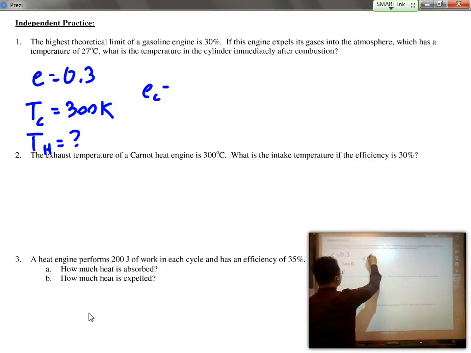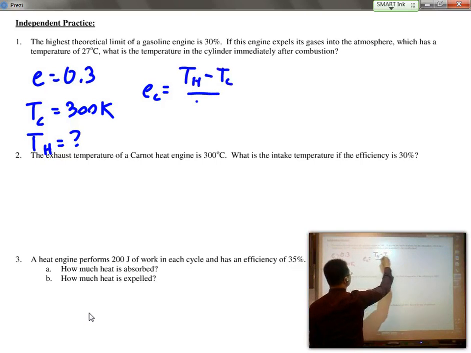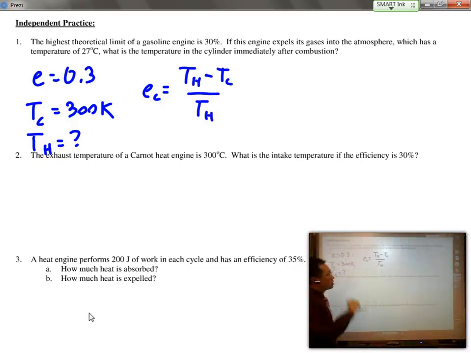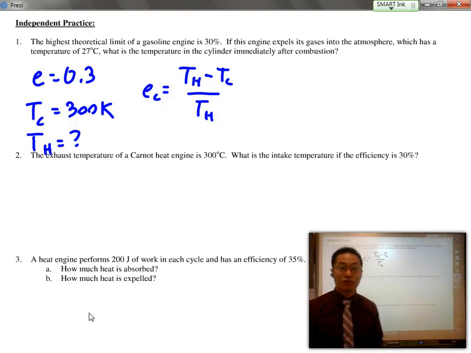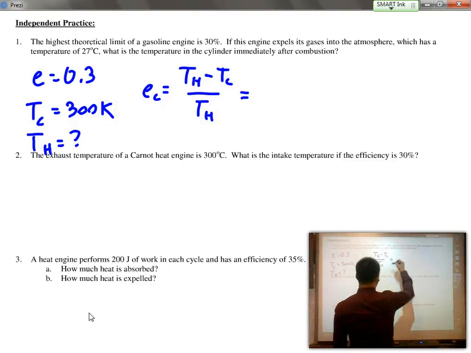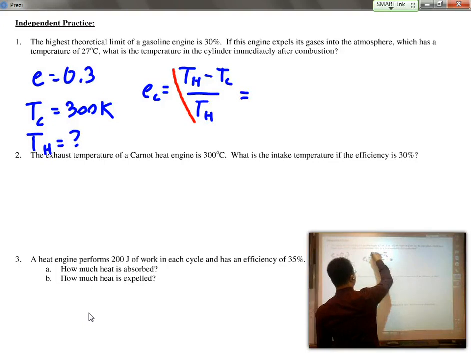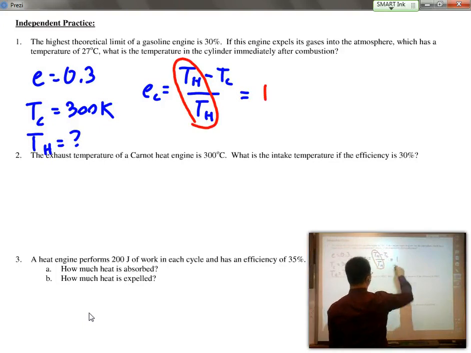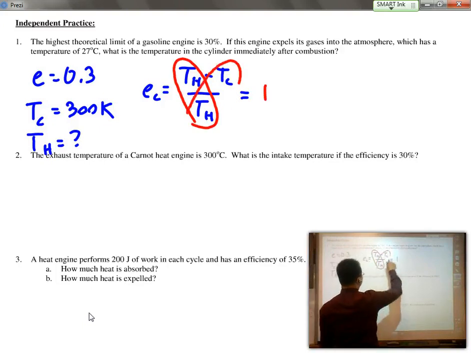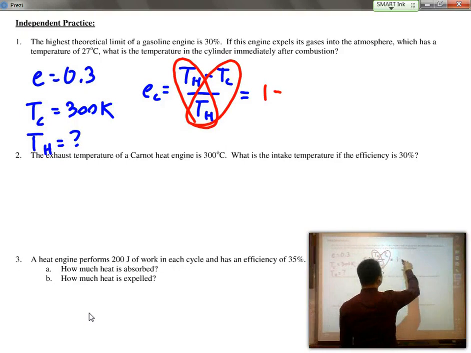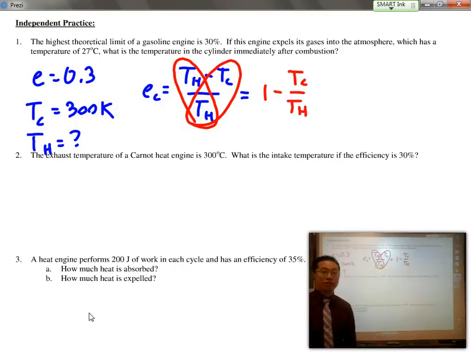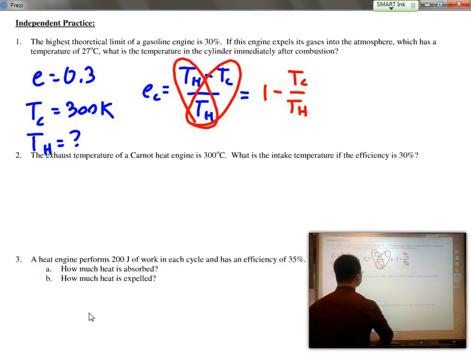Well, EC is equal to TH minus TC over TH. But this is a little bit more difficult because right now we have TH twice. So rather than leaving the formula looking like this, let's rewrite this. Basically, TH divided by TH is 1, so we get 1 minus TC over TH. And now it's a formula that we can more easily manipulate.